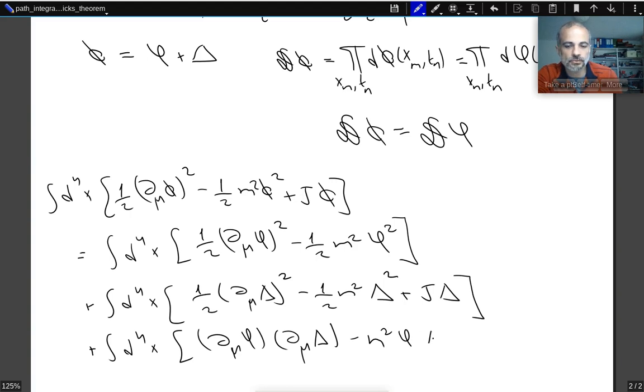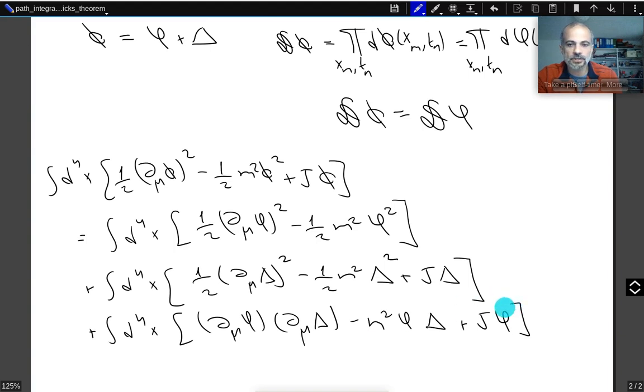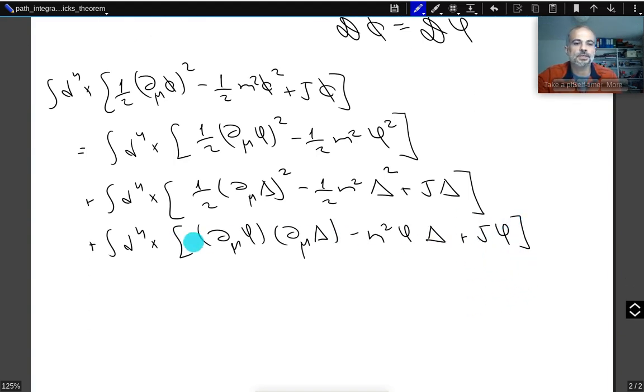And minus m squared phi delta and j phi, plus j times new field phi. Now this last line over here is the term that contains terms with linear phi. There's just a single phi appearing in these terms. So my aim will be, is it possible to choose delta such that this last line is 0?